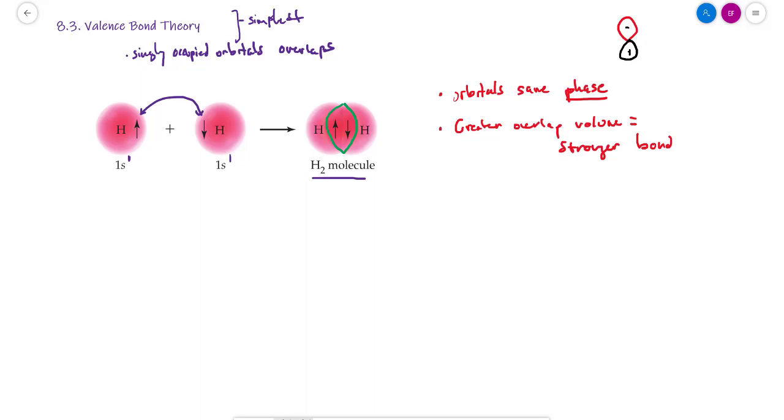So double bonds and triple bonds have larger overlaps of orbital volumes than single bonds. If you go on to take a physical chemistry course or a quantum mechanics course, you'll do a three-dimensional XYZ orbital integration to evaluate the volume of this overlap, which will give you a direct quantitative measure of how strong that bond is.